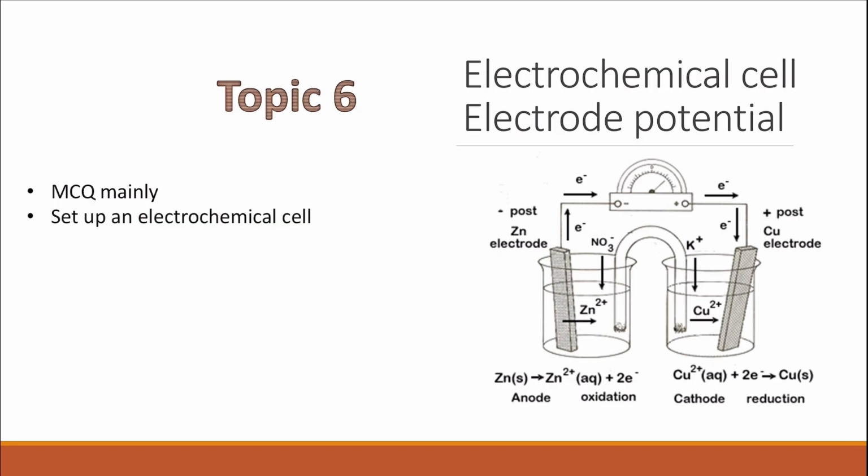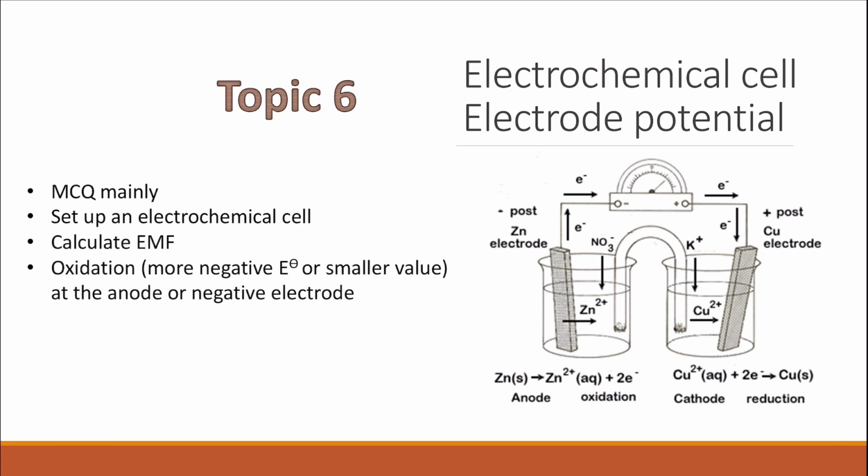And that will take place at the cathode, or the positive electrode. When you calculate the EMF, it will equal the standard electrode potential for the reduced species minus the one that will be oxidized. Remember that the standard electrode potential they usually provide you with is the one for the reduction.